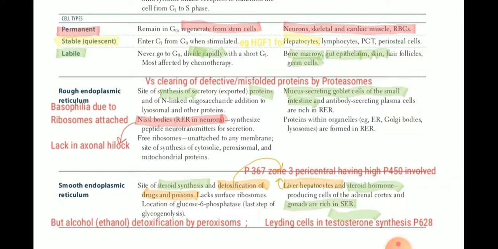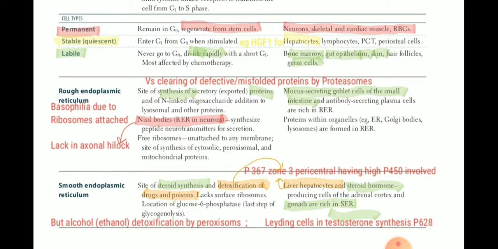So both are MCQs. Then smooth endoplasmic reticulum: you have to remember, as for steroid and as for smooth, they synthesize steroids. So for synthesis of protein it was rough endoplasmic reticulum, for steroid it is smooth endoplasmic reticulum. Steroid hormone synthesis takes place in the adrenal cortex, because we know all the adrenal cortical hormones are steroids, and gonads are rich in SER.